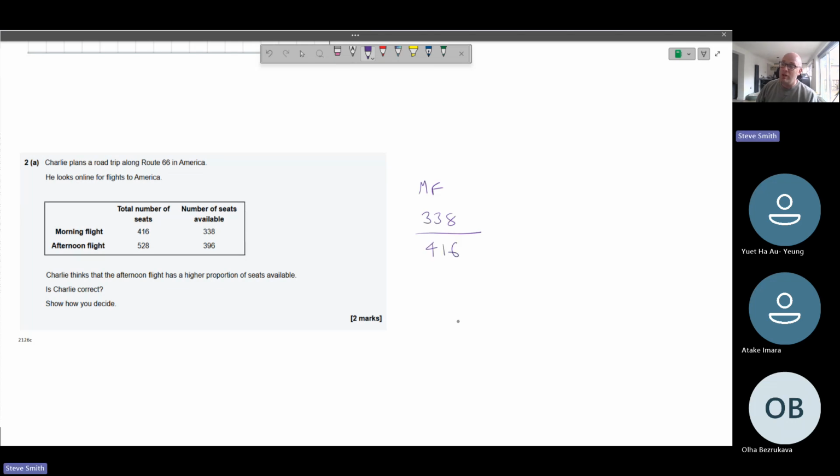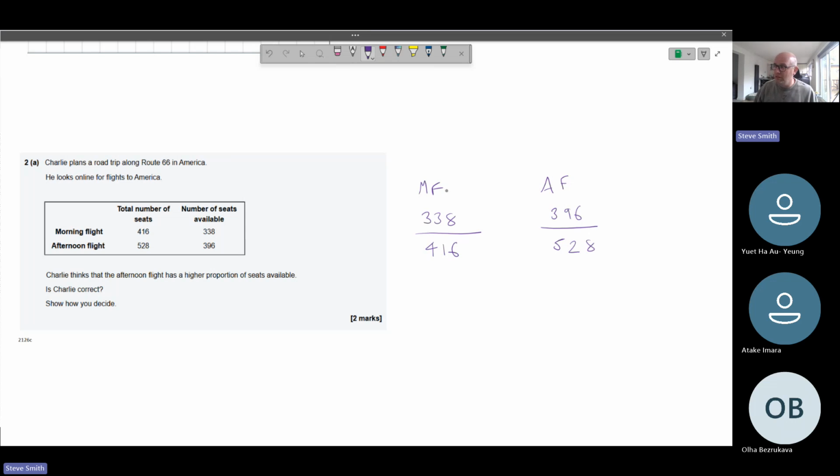I don't even know what it's asking me to do yet, but I see fractions without thinking, oh yeah, that's a fraction. I'm just thinking I've got to be doing something with fractions because it's given me a fraction without saying this is a fraction. And then the afternoon flight, we have got 396 seats available out of a possible 528. So could we, on a non-calculator, work it out?